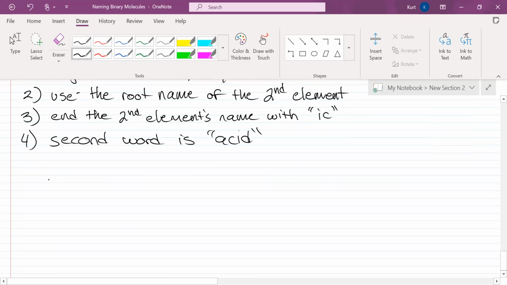So practice number 1. I want you to name hydrogen and iodine. So let's put it together first. Let's figure out the actual formula.